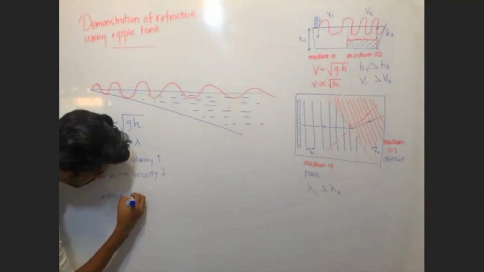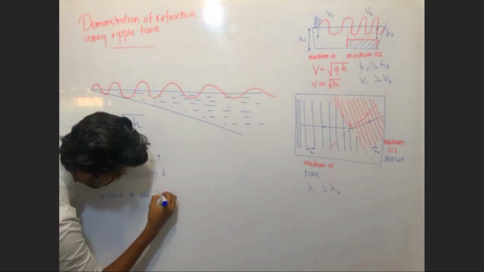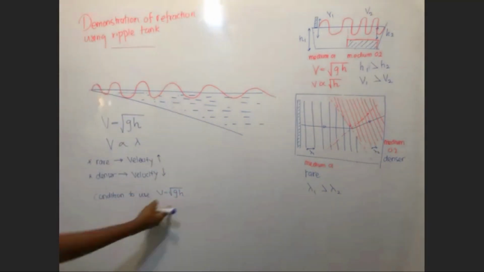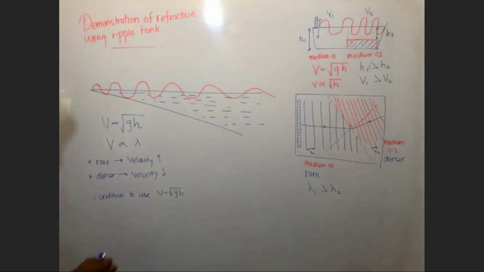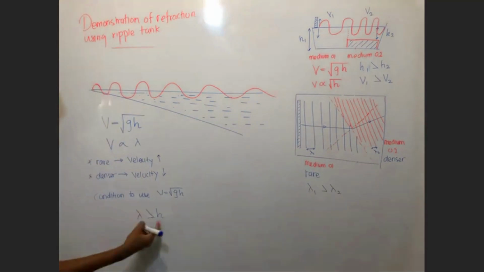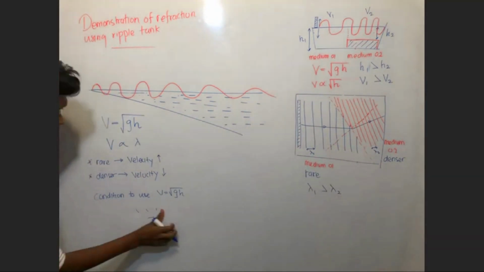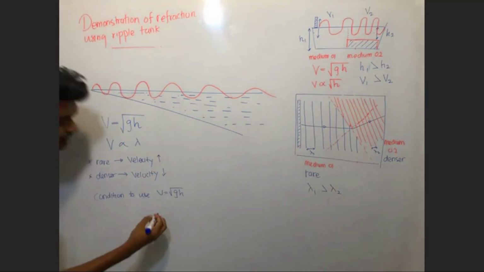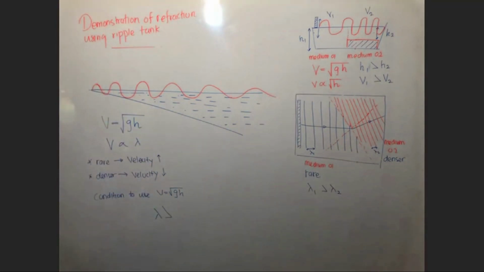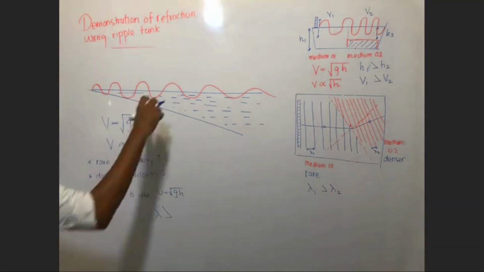V equals root gH can only be used when the wavelength is greater than this height.